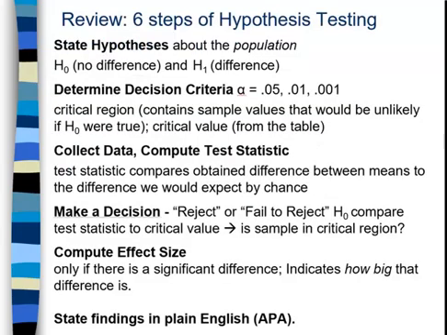All right, so here are the 6 steps of hypothesis testing, and here I've filled in a little bit more detail. Generally speaking, this is a good slide to commit to memory, because we're going to be doing these 6 steps over and over again across a variety of different statistics that we'll learn over the remaining semester.